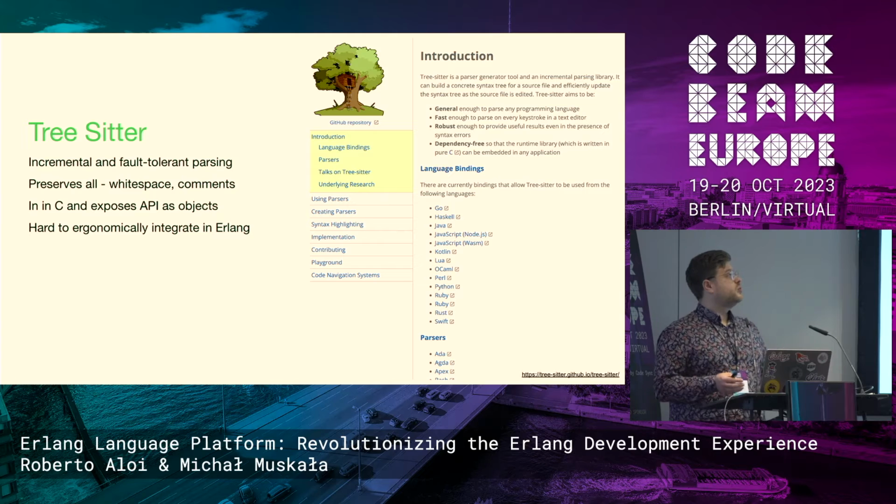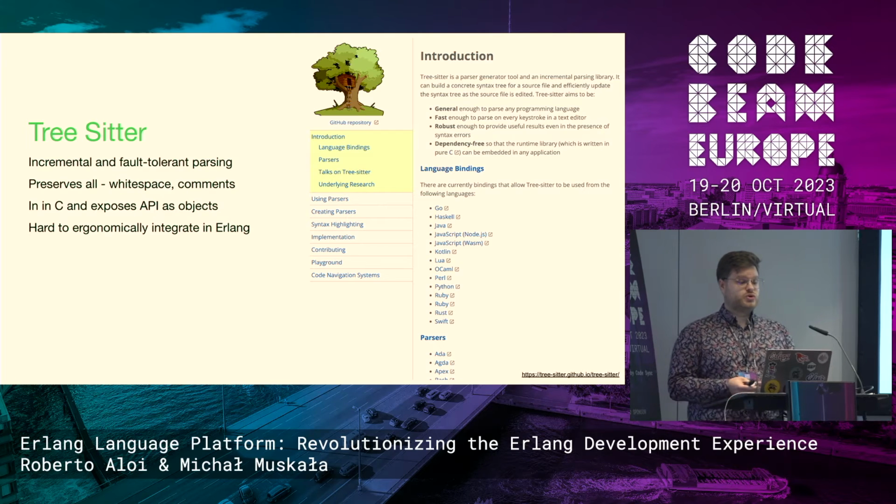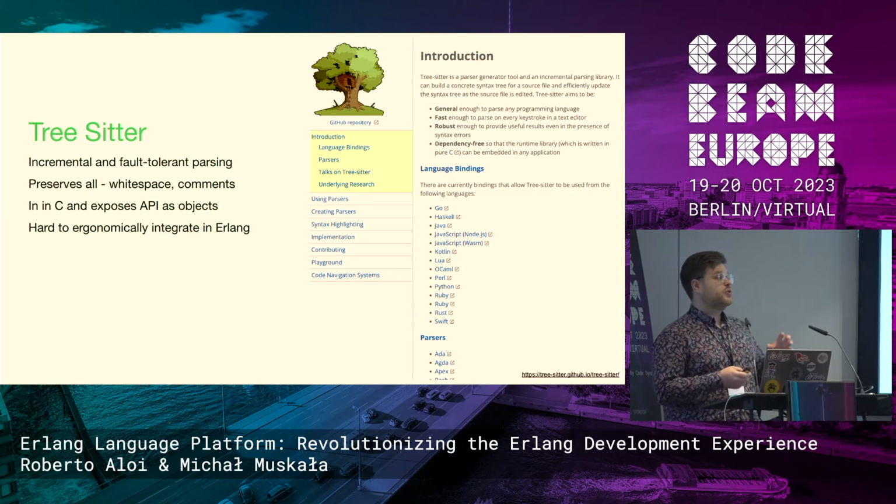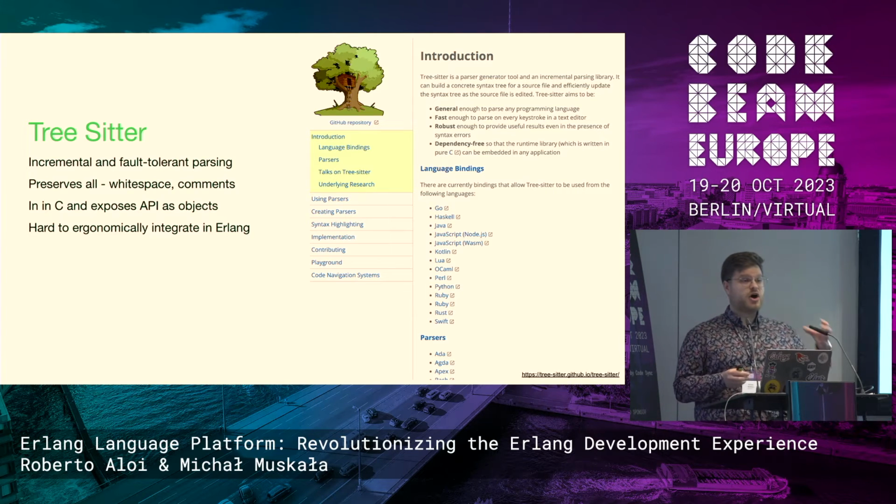Another tool that we did want to use is TreeSitter. It is a project to provide a parser that can give you full fidelity, incrementality, and fault tolerance, the properties that Roberto mentioned earlier. What we mean by full fidelity is that the parse tree preserves all white space, all comments, all the formatting. You can transform from text to the parse tree, and back to text, byte for byte. You don't lose anything.